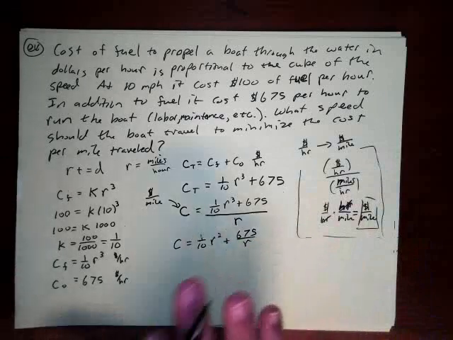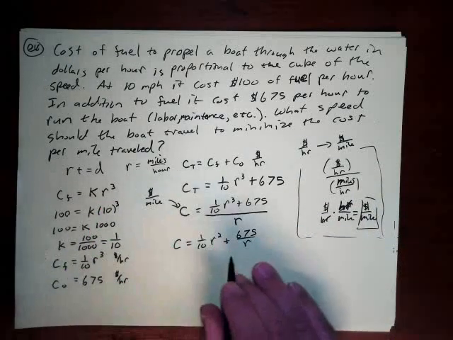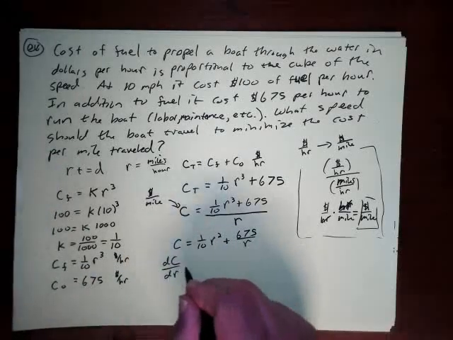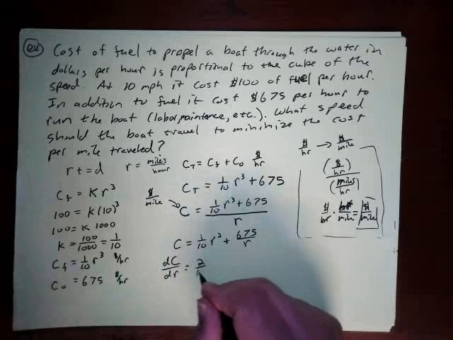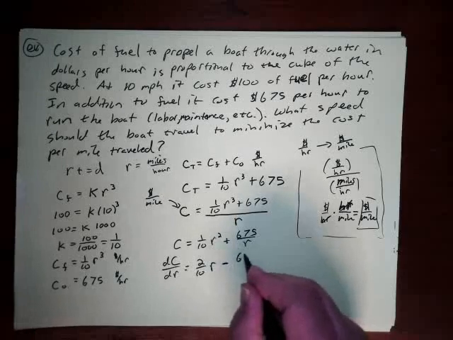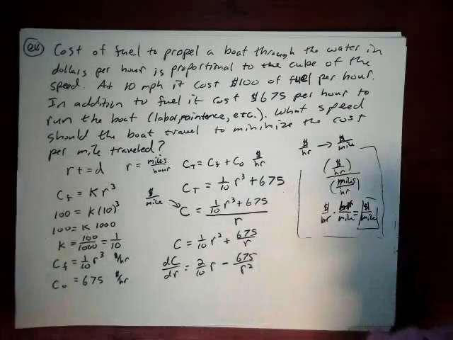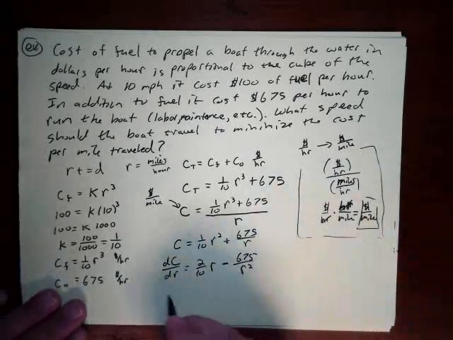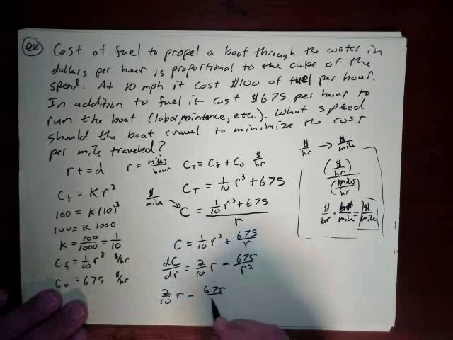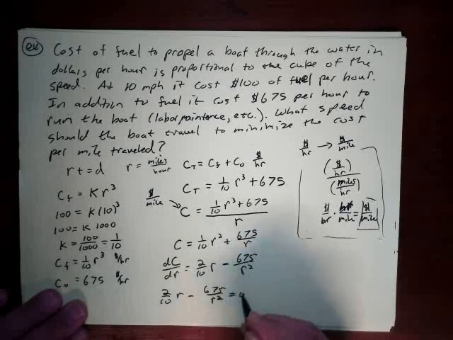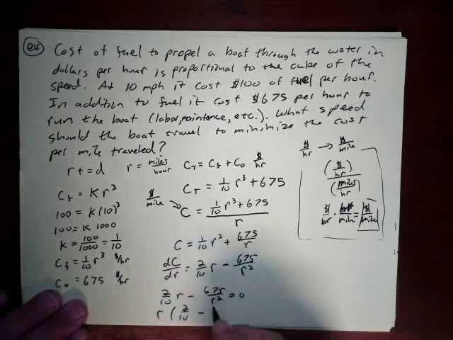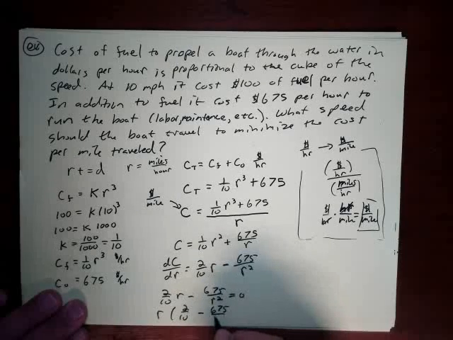So now, what R gives me the smallest number of dollars per mile? Well, let's take the derivative. dC over dr is going to be 2/10 R minus 675 over R squared. Okay, well, I can set this equal to 0. And what I can do is factor out an R. And if I do this, this becomes 675 over R cubed.